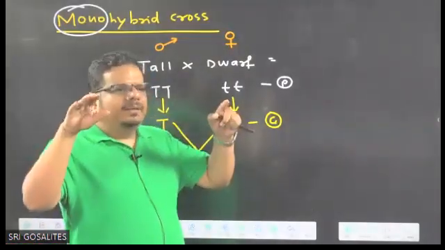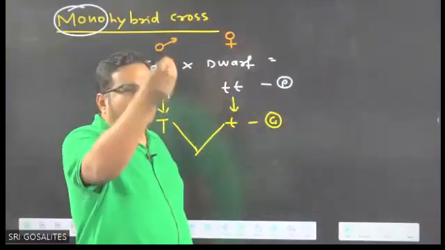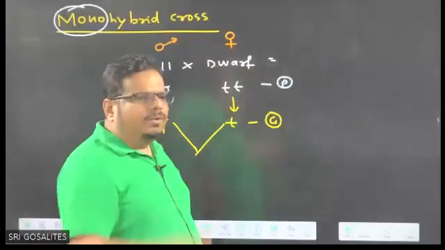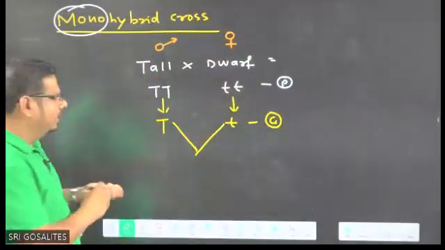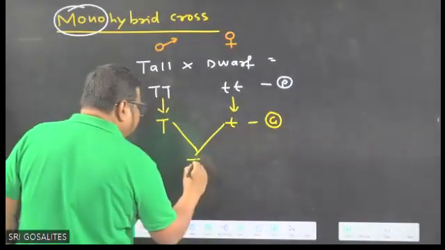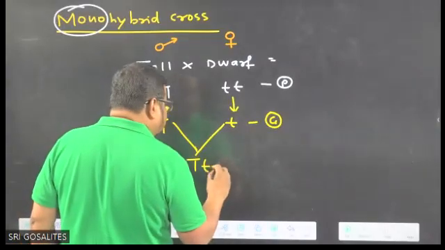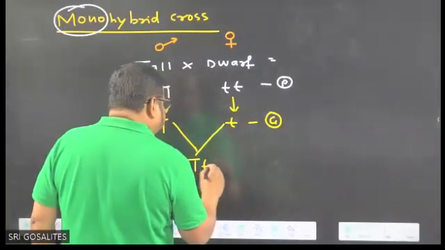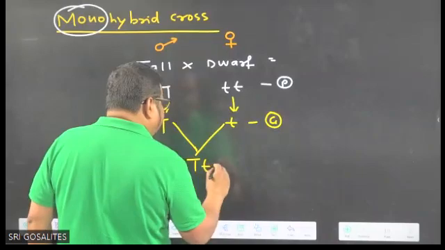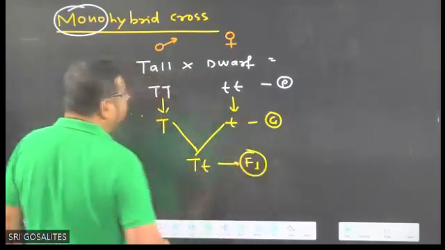The female flower, or you can say the stigma of the carpel, and it goes for fertilization with the small t. Capital T with small t will produce capital T, small t. You have studied these things in your 10th class, I hope. So this is capital T, small t, and this is the first filial generation, F1 generation.